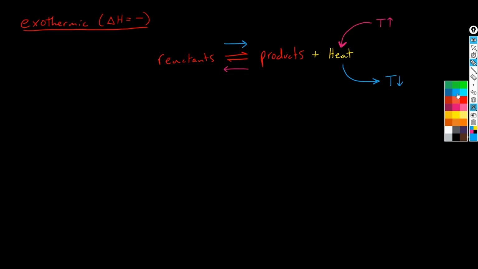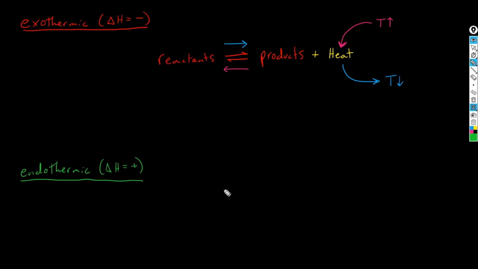Well, it's the exact opposite. Let's say we have an endothermic reaction. And again, remember, endothermic reactions are ones where delta H is going to be positive. So how is this any different? Well, for an endothermic reaction, we still have reactants that are in equilibrium with the products, because we're still talking about equilibrium reactions.